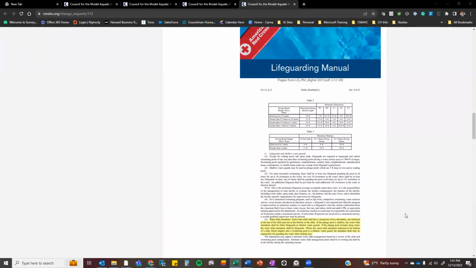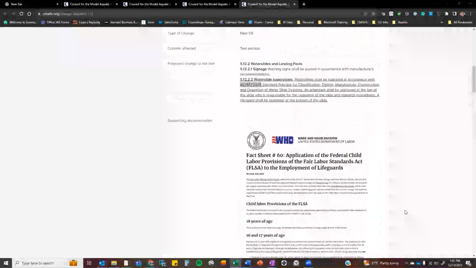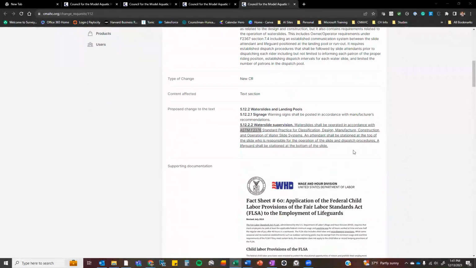It only requires an attendant in the landing area, whereas in the text here, it does not make that distinction. And so as it's written, I think you could argue that you need an attendant at the top and bottom of a tot slide too.